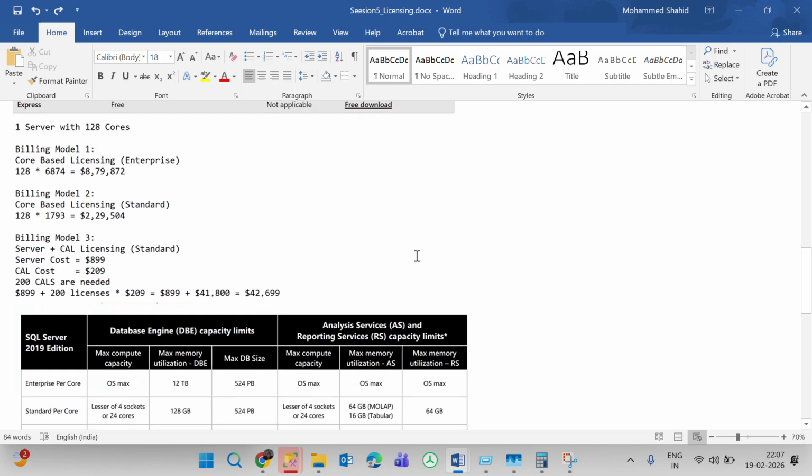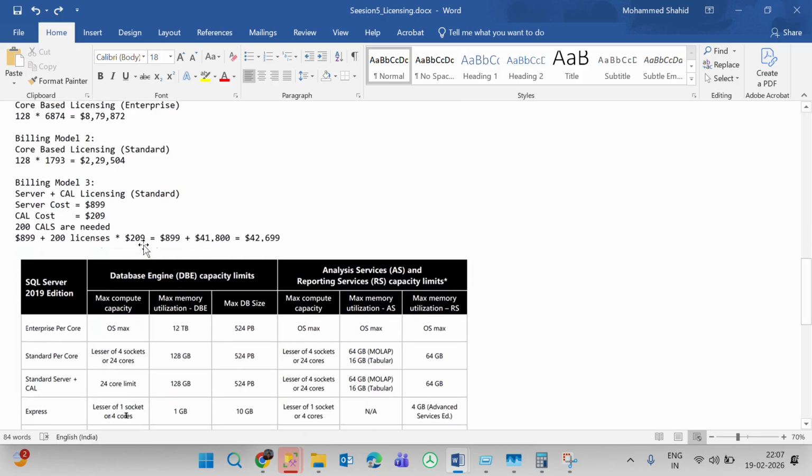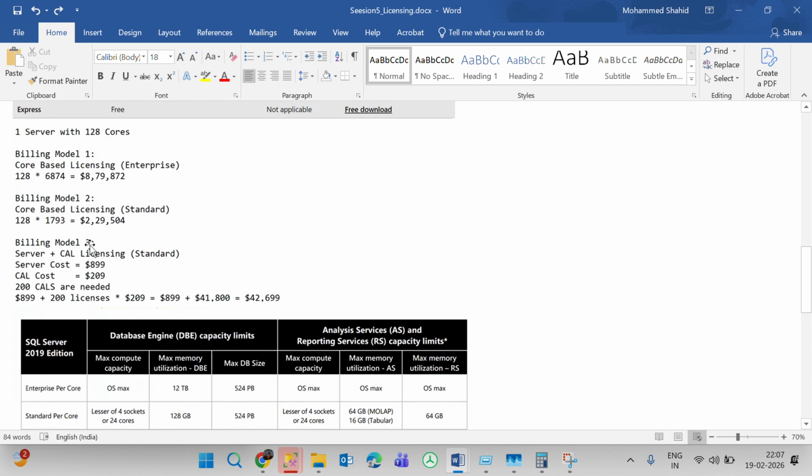So it depends upon the billing model and how many users are to be connected. It depends upon many factors. One more thing I want you to know: we won't use the standard edition much. In most environments you will see and use enterprise only.